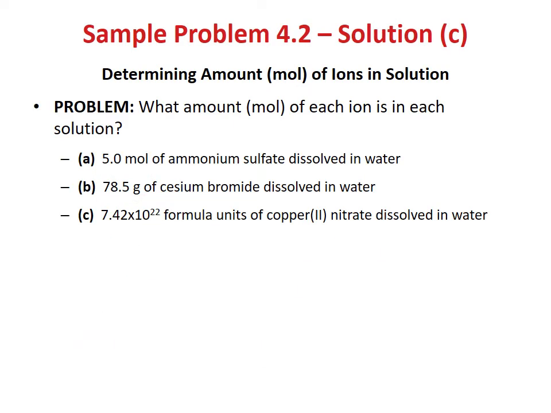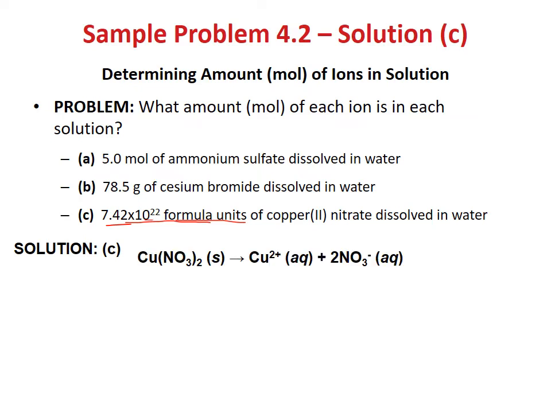In question C, it gives you 7.42 times 10 to the 22 formula units of copper nitrate and asks how many moles of each ion. So we are given the number of entities, and we want to calculate moles. First, let's write the formula, which is copper nitrate.